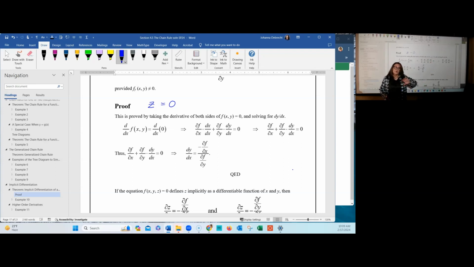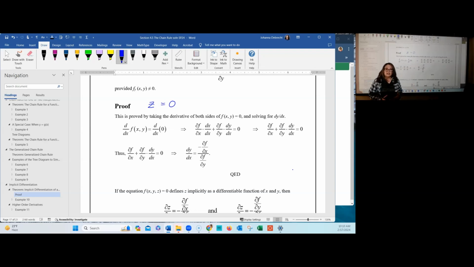Again, we're considering y to be a function of x, but x not to be a function of some other variable. In this case, the dx by dx will cancel and become 1, and then we get the partial of f with respect to x plus the partial of f with respect to y multiplied by dy dx.